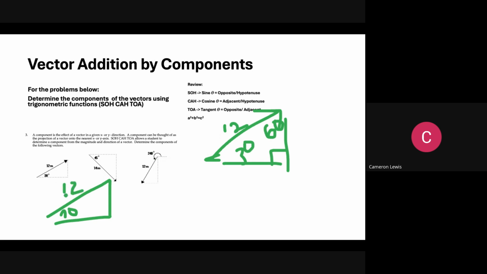From this 30, where is the opposite and where is the adjacent? Opposite is the vertical and adjacent is the horizontal. Okay, good. So now if I want to find the opposite, which function do I use? Sine or cosine?